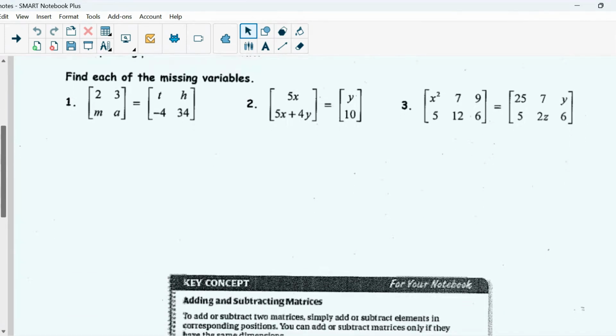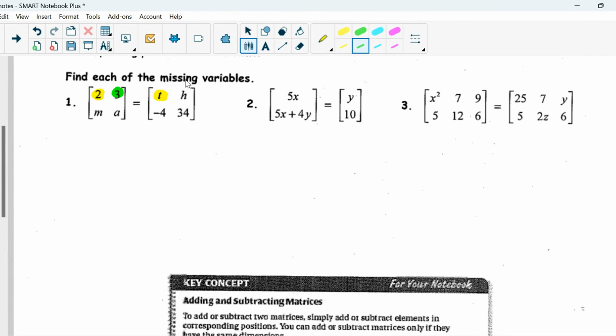When we're looking at these matrices, these are 2 by 2, 2 rows by 2 columns. We can solve for the missing variables because we know that elements in corresponding positions are equal. So 2 and T are corresponding elements.